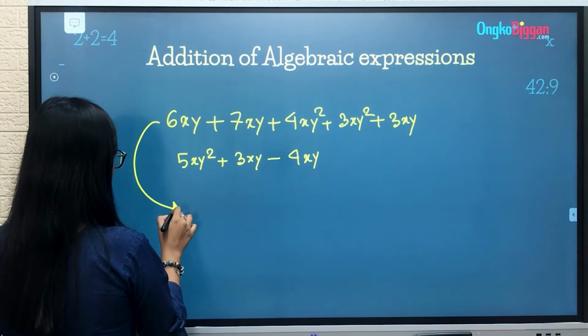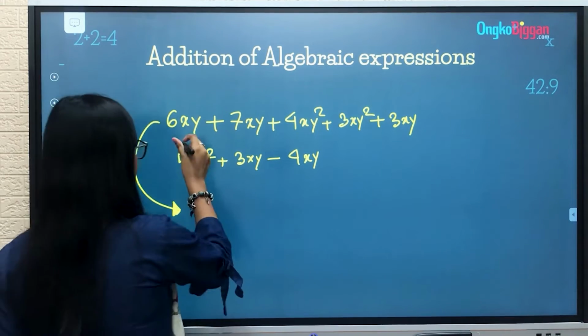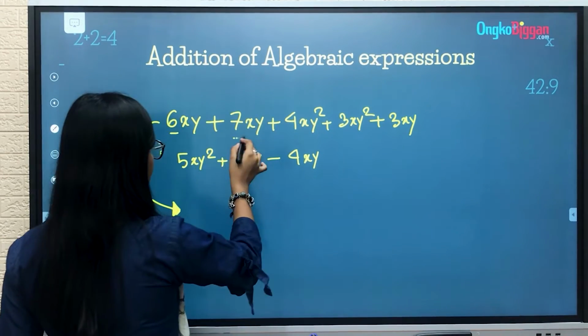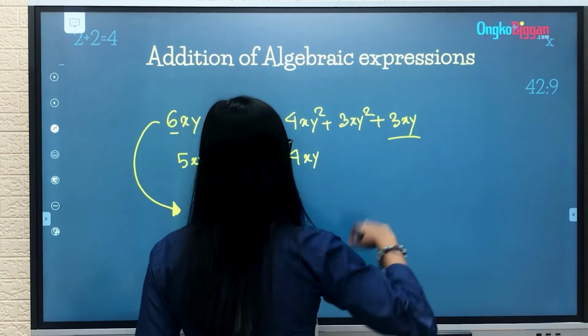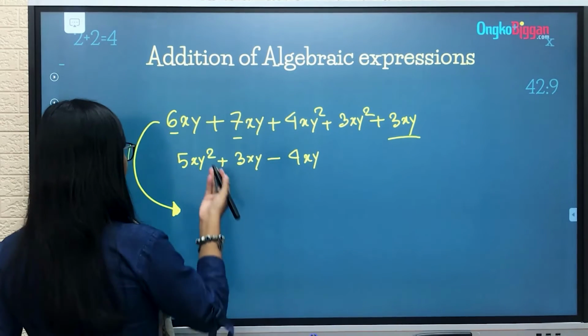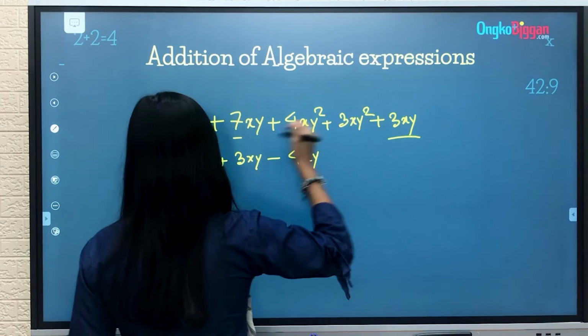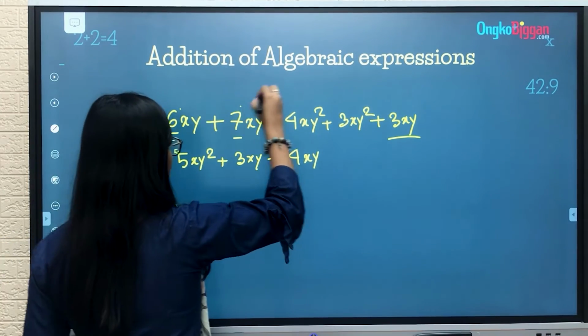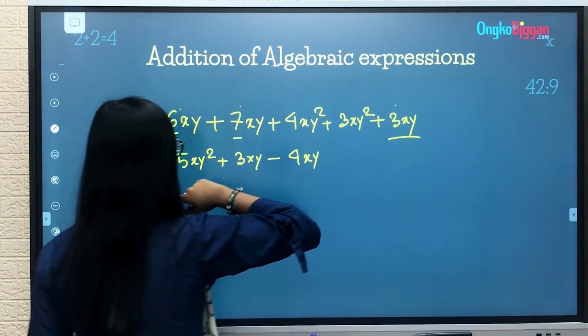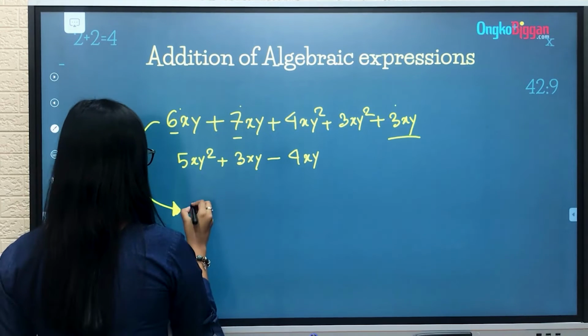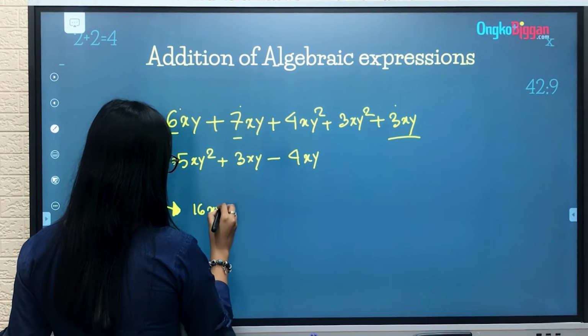the similar terms and dissimilar terms, like 6xy, 7xy and 3xy, all these are the same terms. So we will just add those, like 6 plus 7 plus 3, it will be 9 plus 7, 16xy.